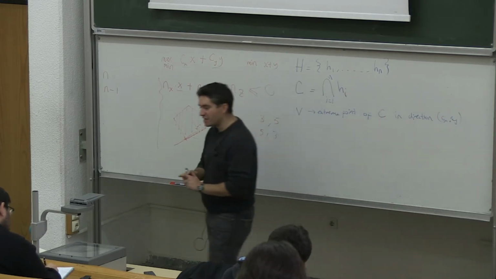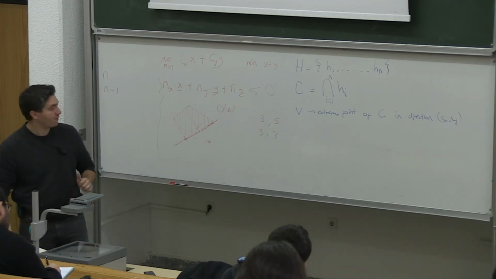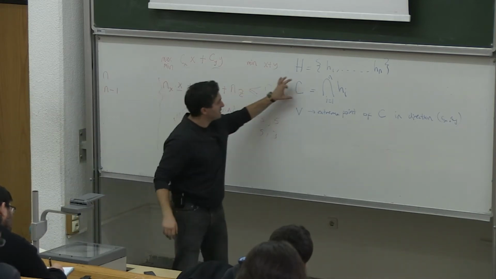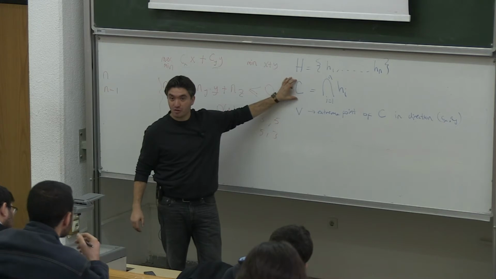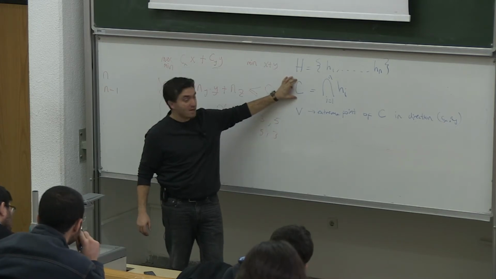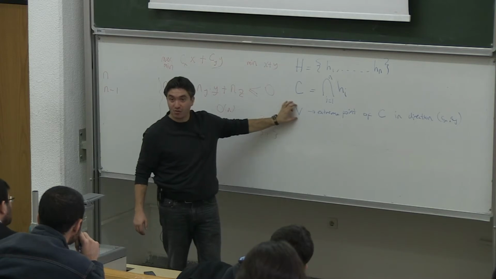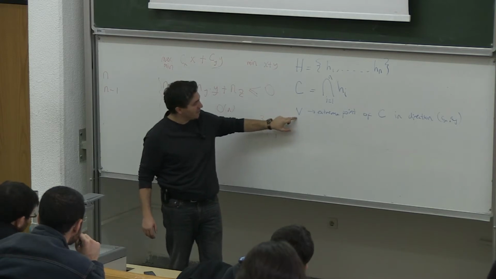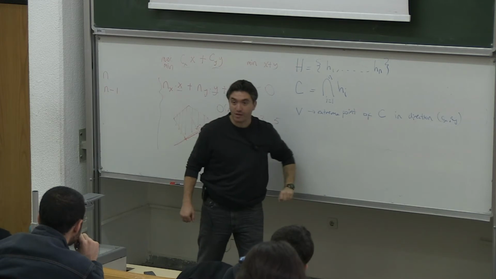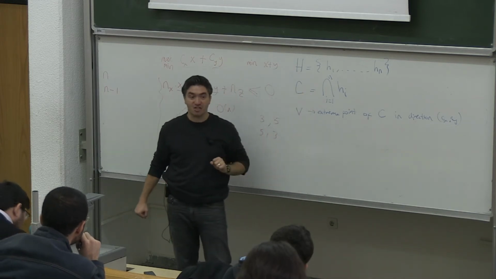So we have these three things defined: the intersection of half planes, which is denoted by C, our whole set of half planes H, and the final vertex we want to find, which is the extreme point of this convex region C.